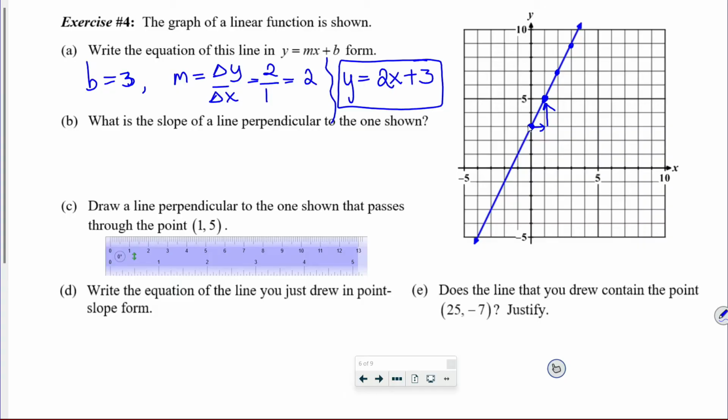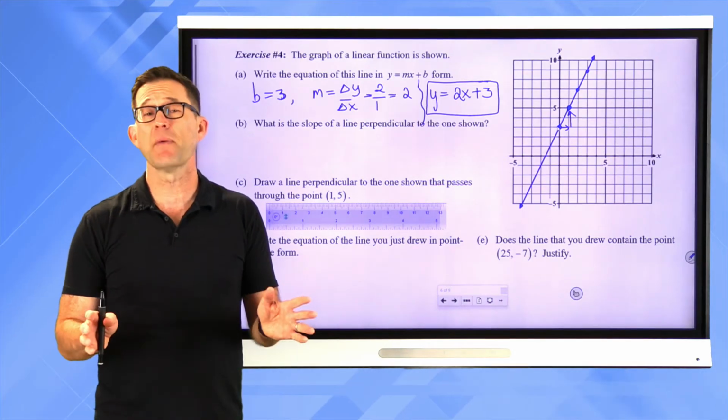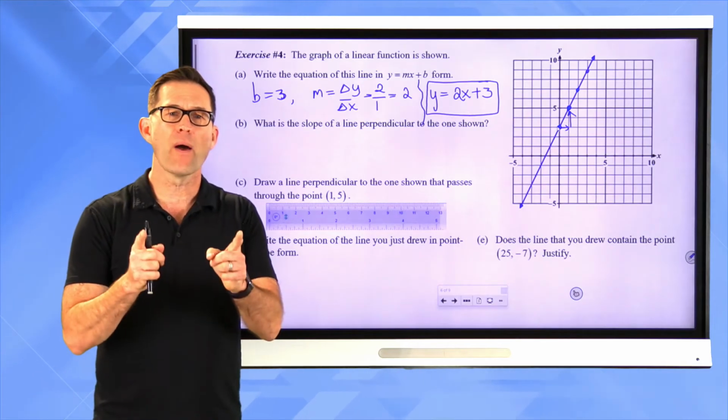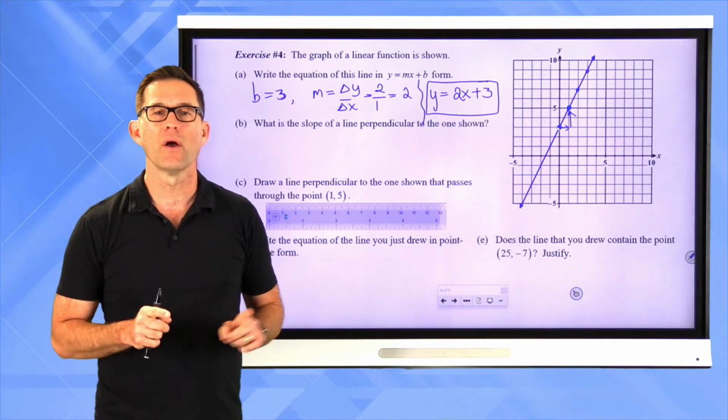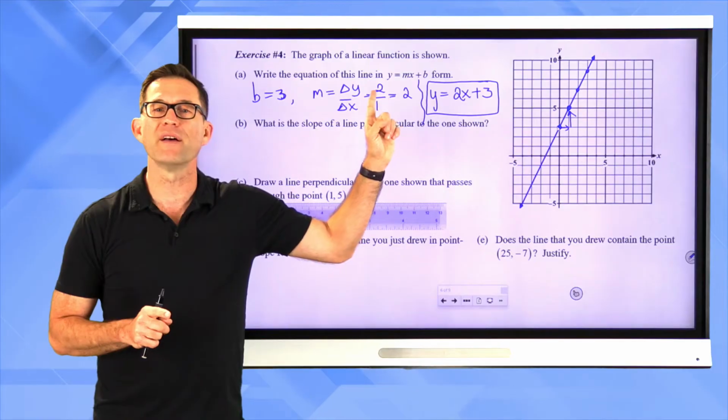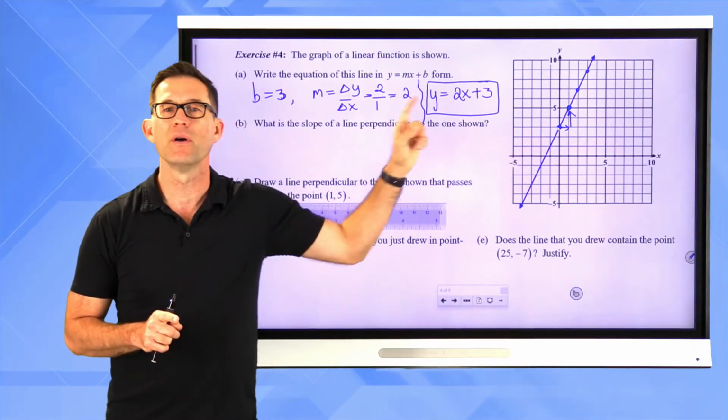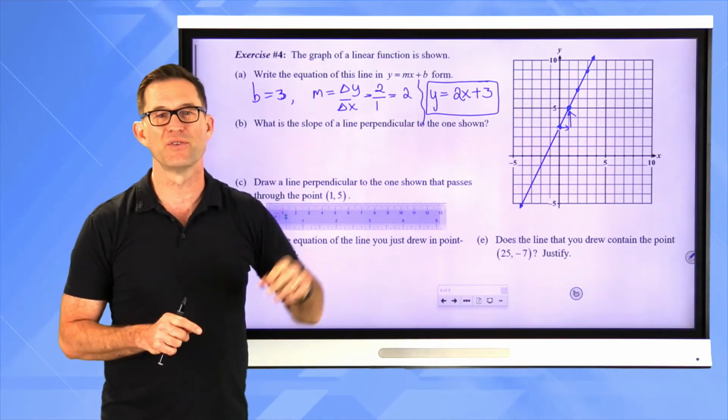Letter B. What is the slope of a line perpendicular to the one shown? All right, now this goes back to geometry. Pause the video now and see if you can remember what the slope would be for a line that's perpendicular to a line whose slope is equal to 2.